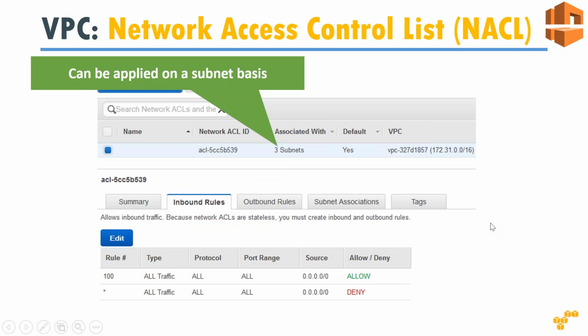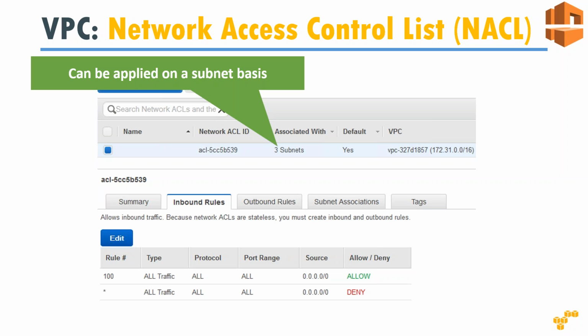And an interesting thing about network ACLs is they are applied at a subnet level. So if you have a private subnet, a public subnet, a DB subnet, a web subnet, you can choose where your network ACLs are to be applied. They are not applicable to the whole VPC itself.